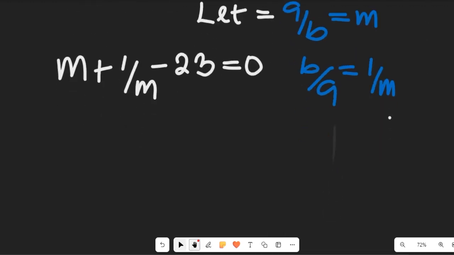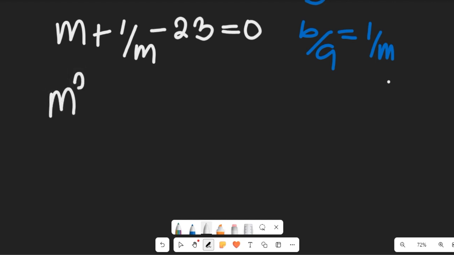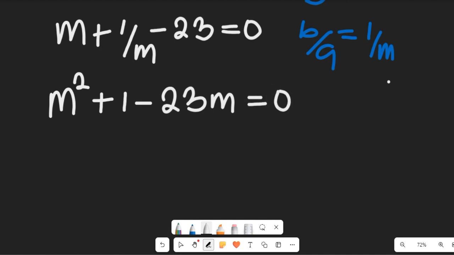Great. Now in the next step, we're going to look at how we'll simplify this. We'll simplify this to clear away the fraction. All we need to do is to multiply through by m, and if we multiply through by m, this becomes m squared plus 1 minus 23m, and this will be equal to 0 because 0 times m is equal to 0.